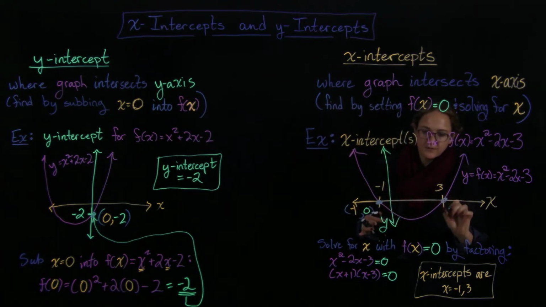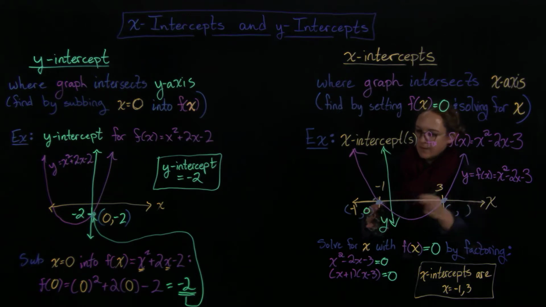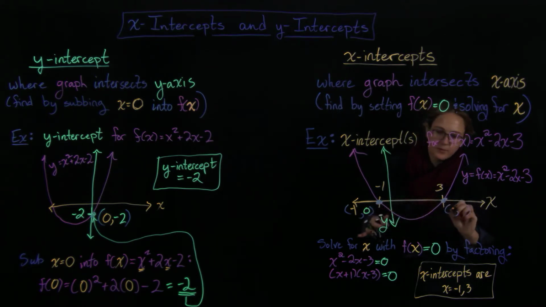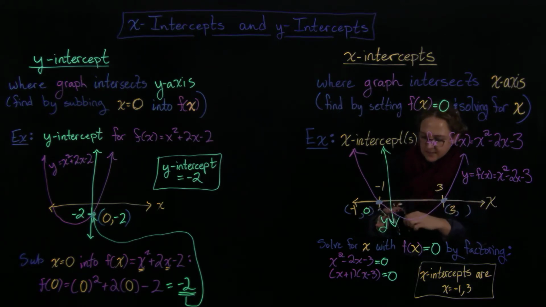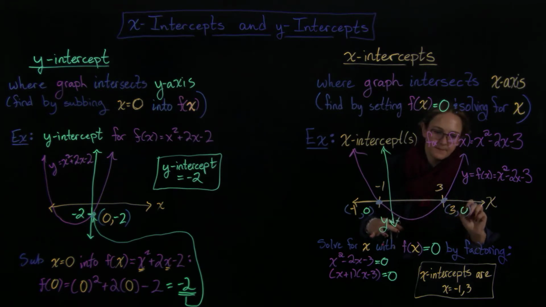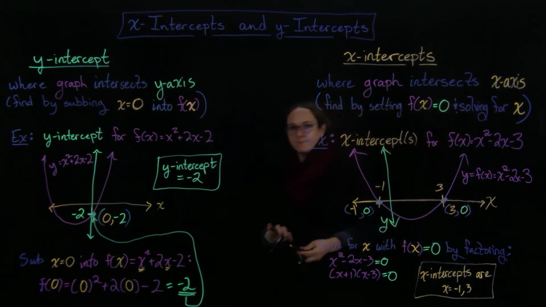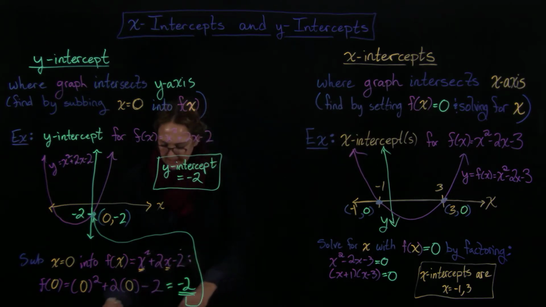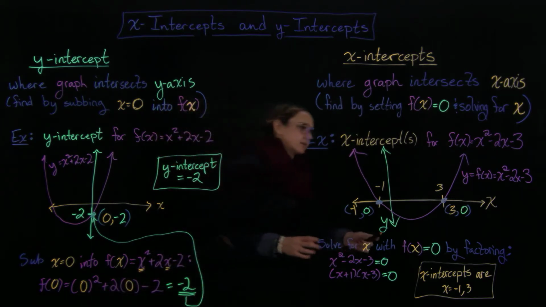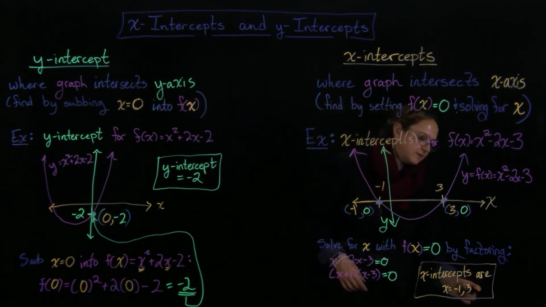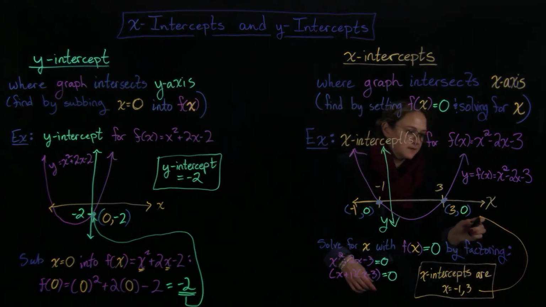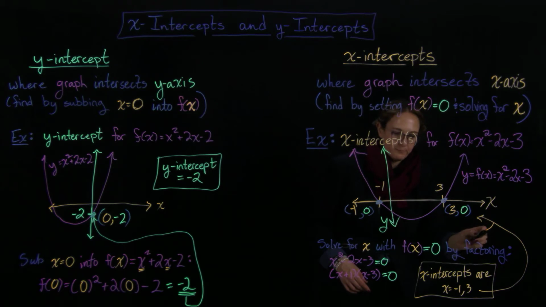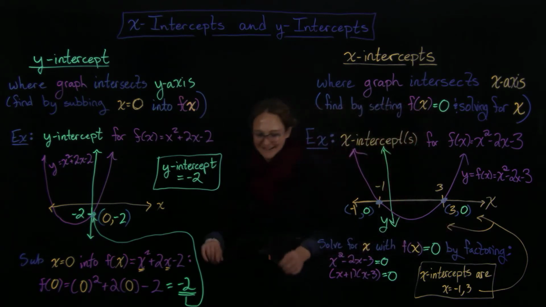So that shouldn't surprise us. And this other point is 3 and then 0 again.